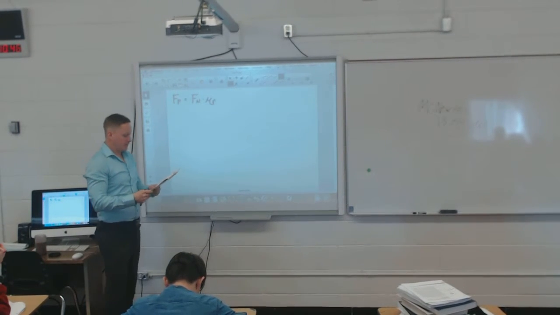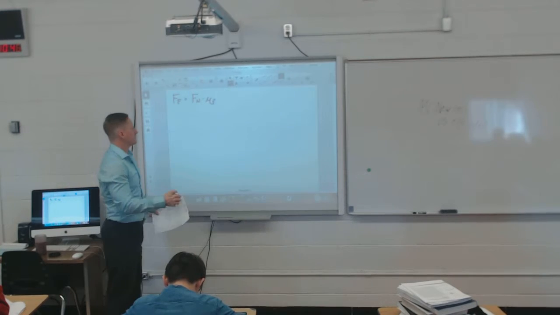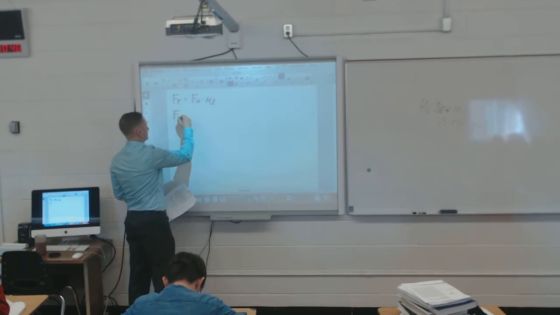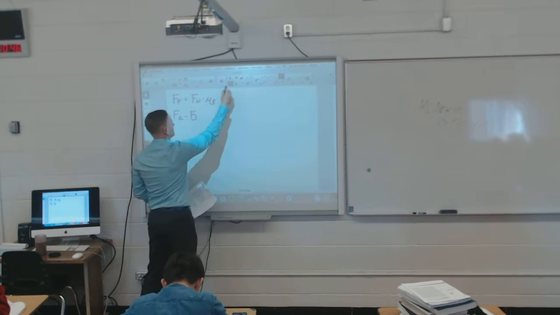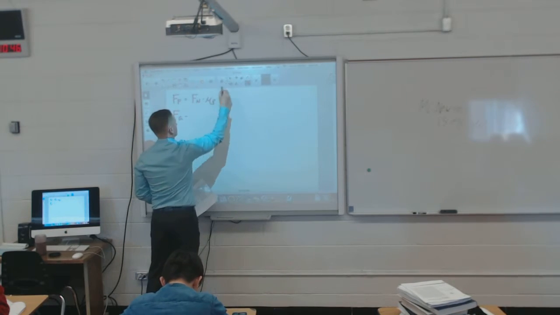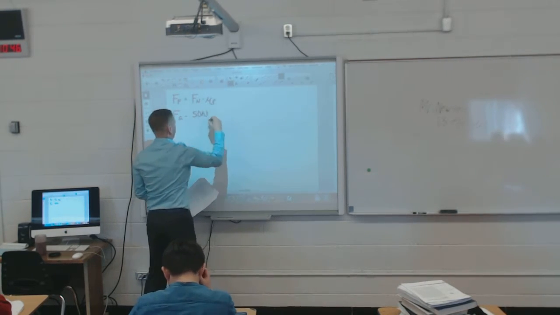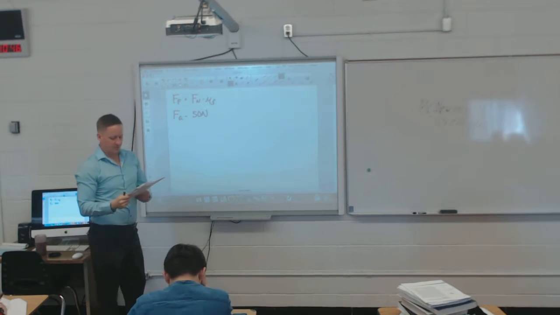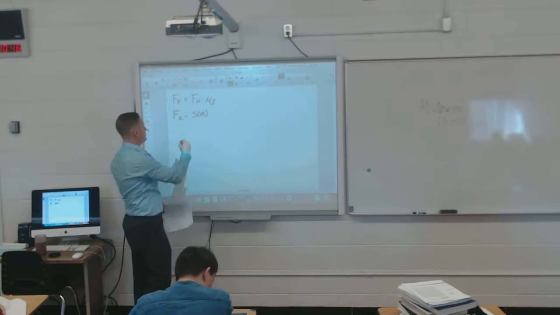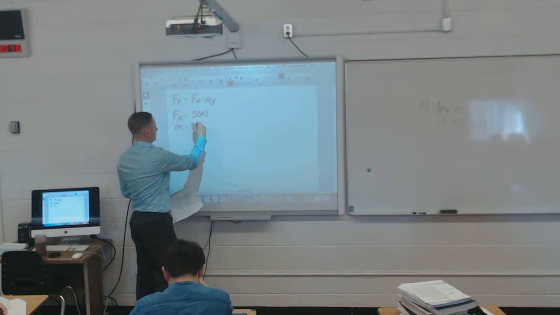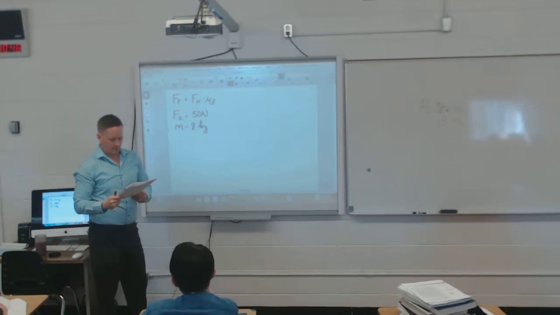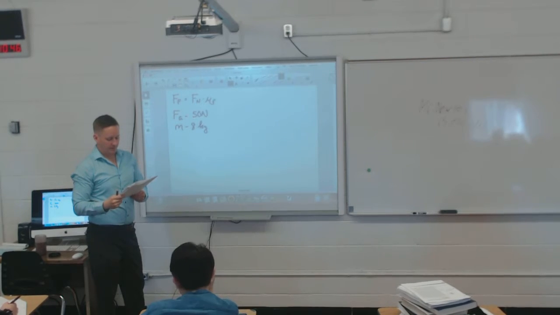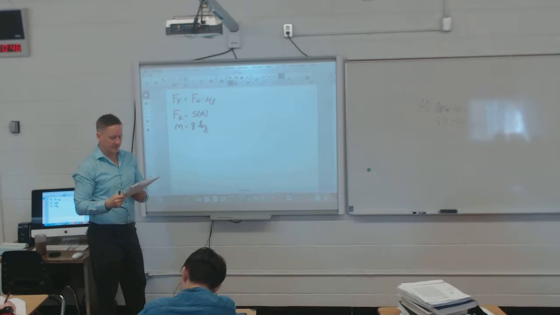Okay. A horizontal force of 50 newtons is required to pull an 8 kg block of aluminum at a uniform velocity across a horizontal wooden desk.